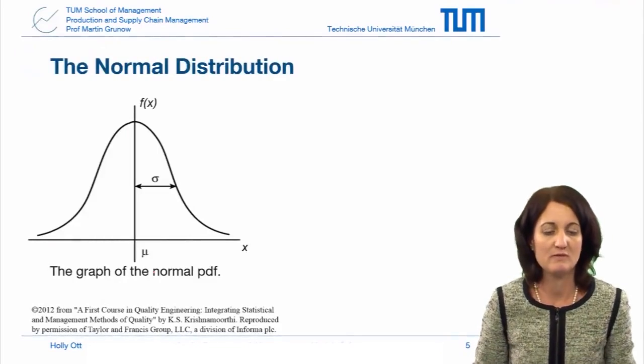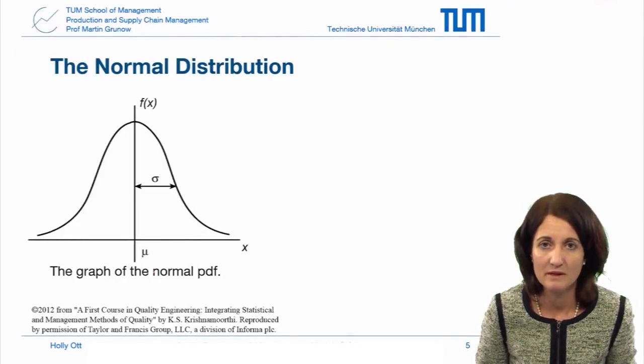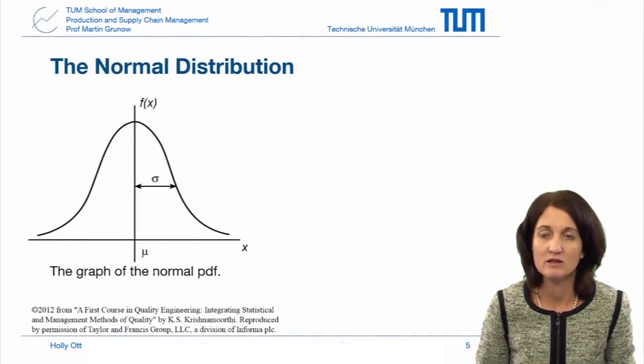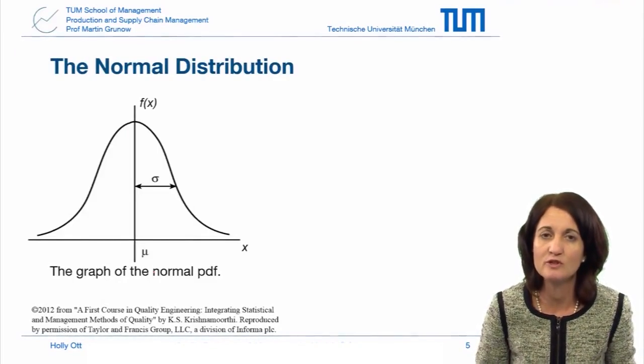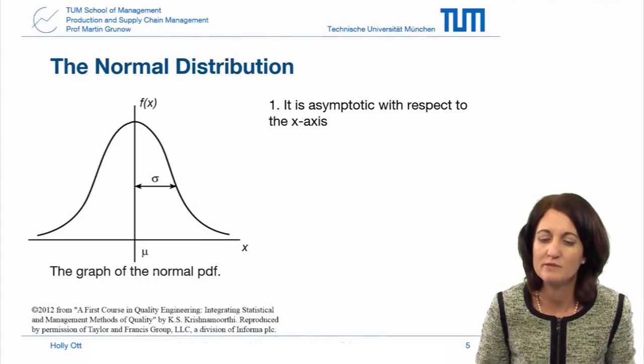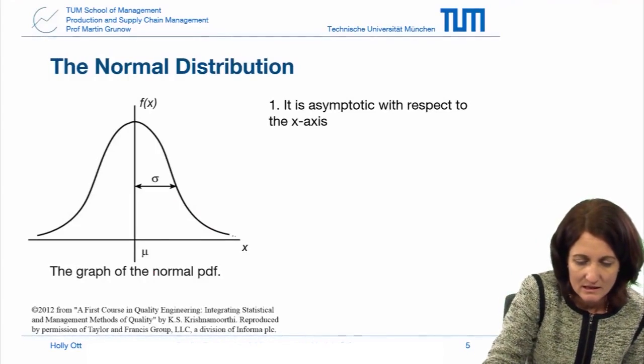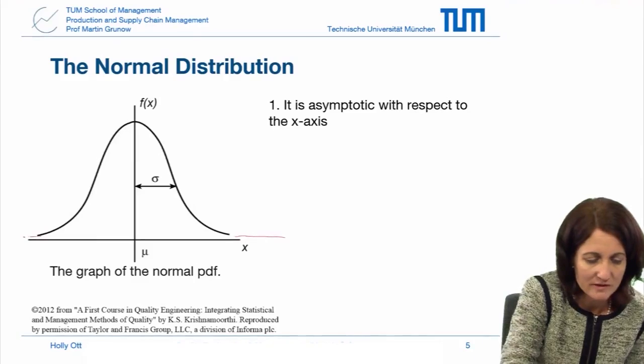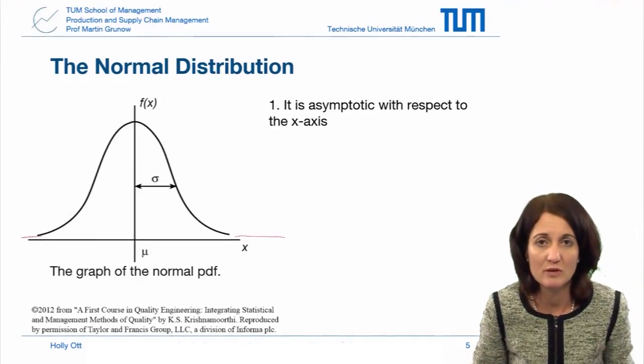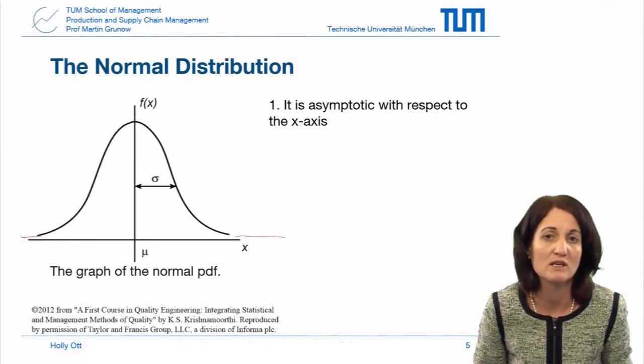And it looks, as we saw last time, like a bell. We had looked at certain special properties that the normal distribution has. For example, it's asymptotic with respect to the x-axis. That means that as x gets very, very large or very, very small, the distribution approaches the x-axis but never crosses it.